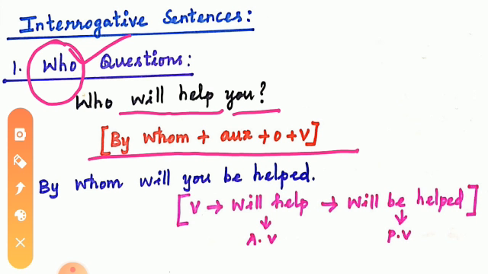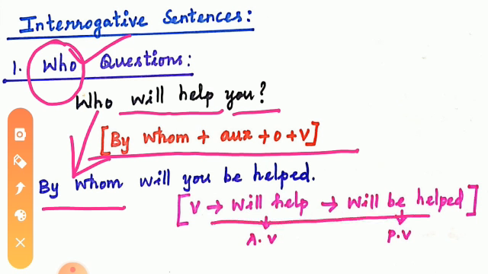So I use by whom instead of who as per the formula, and just look at it, the verb will help is changed as will be helped. Here we have to add be as a be form verb, and according to that formula we have to use the auxiliary verb which is present in the active sentence, will, and next to the auxiliary verb we have to use the object.